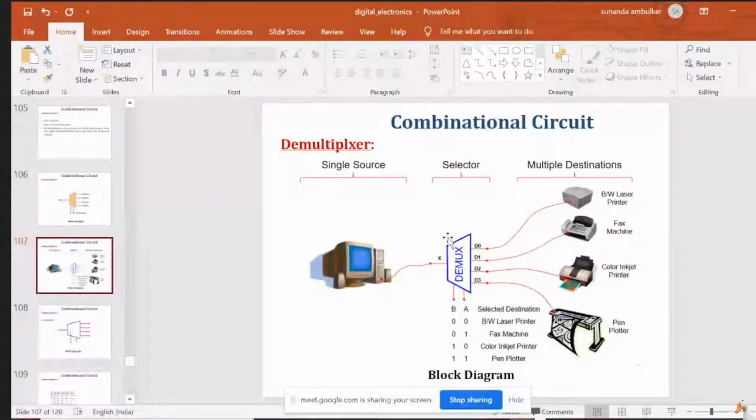Suppose this is a computer system, a single source, which gives instructions to many devices connected with that computer. We'll use one demultiplexer, the selector or data splitter. It directs that particular data to its intended destination.